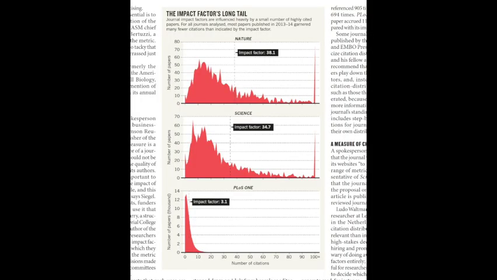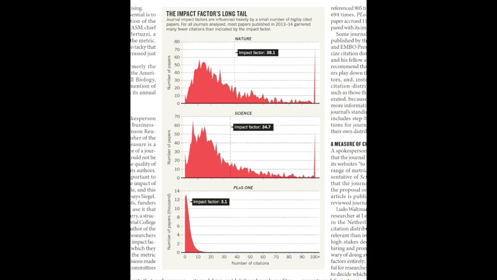We see this graphic showing the distribution of citations to articles in Nature, Science, and PLOS One. And so what we have on the y-axis are the number of papers that got citations ranging from 0 to more than 100.